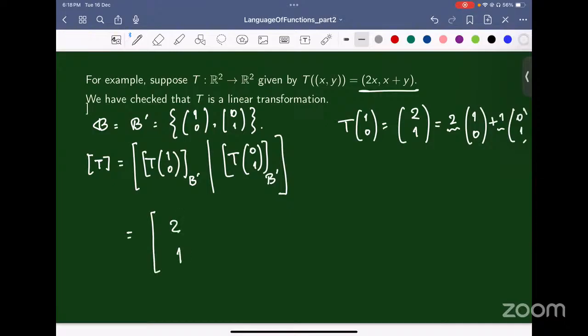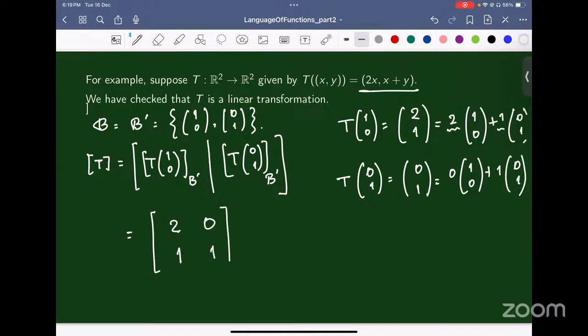The beauty of the standard basis is that these coefficients will exactly be these terms. Similarly, T of (0, 1), according to the definition of T, is going to be (0, 1), which is indeed 0 times (1, 0) plus 1 times (0, 1). So it is this column, and this is the matrix representation of T with respect to this basis chosen both for the domain and for the codomain.